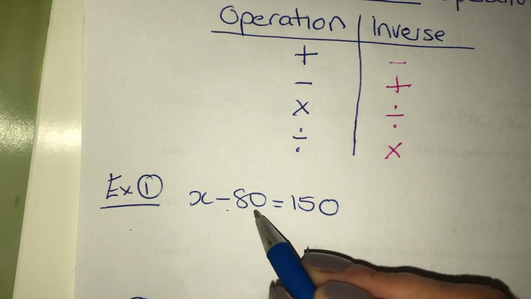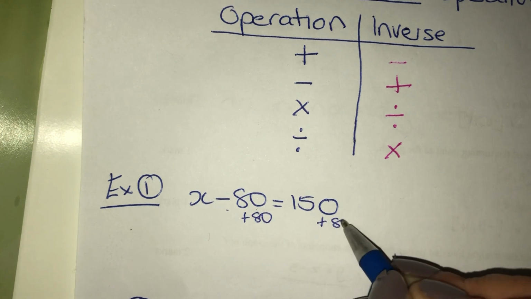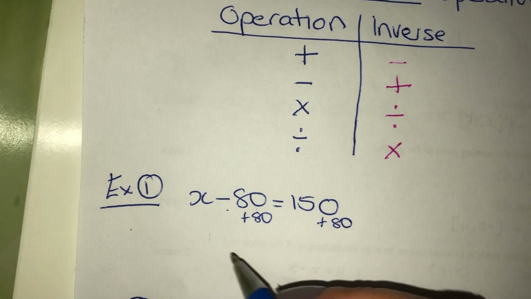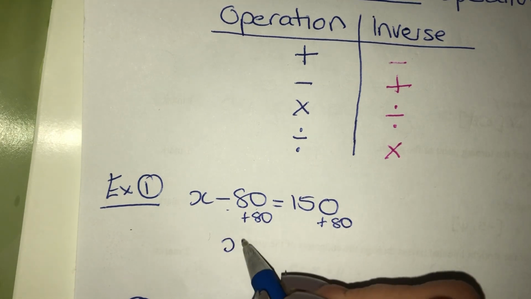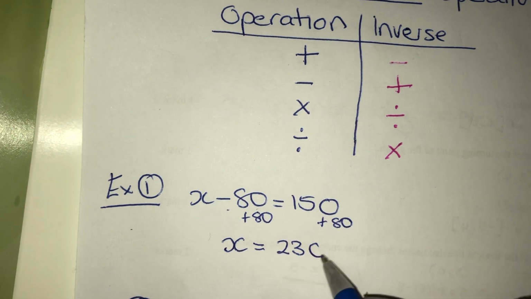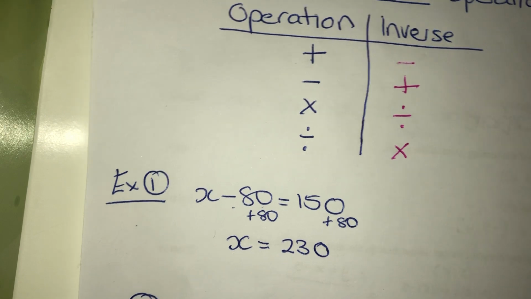So the opposite of minus 80 is plus 80. So we're going to add 80 to both sides. You are welcome to use your calculator. So now if we use our brains or our calculator, we should get x equals 230. And hopefully some of you have gone ahead and got that one by yourself.